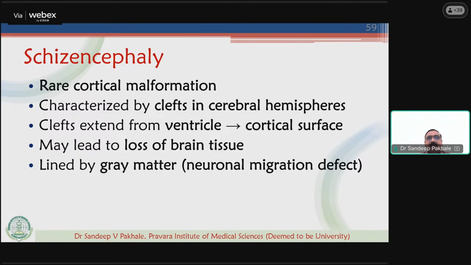Depending on the severity, it can lead to loss of brain tissue and neurological deficits. So the key feature is a full-thickness cleft with abnormal cortical organization. So, neuronal migration defect, that is schizencephaly.